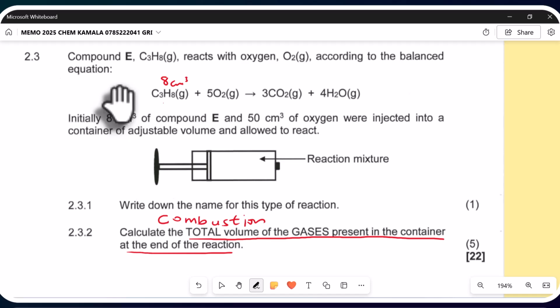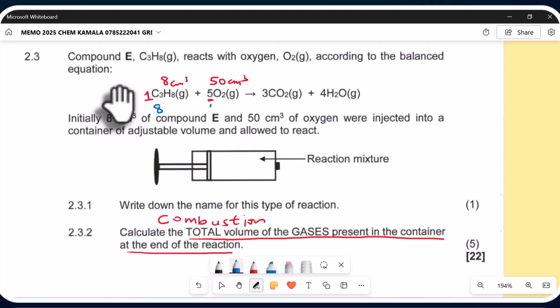Oxygen is in excess, which means propane is the limiting reagent. So propane is going to be used up completely, and we have 0 remaining for the propane. For the oxygen, 50 minus 40 gives us 10, so the 10 will be in excess.